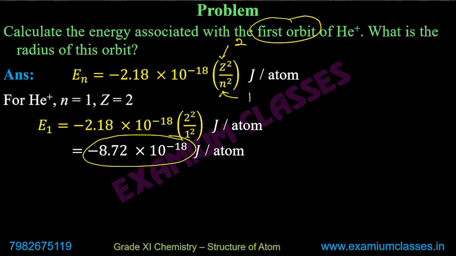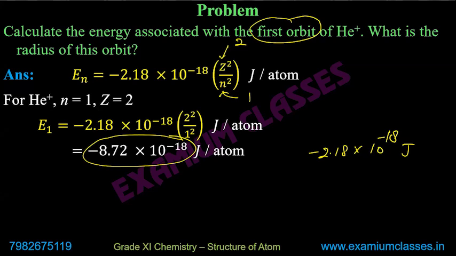What is the energy of the first orbit of hydrogen? Minus 2.18 into 10 raised to power minus 18. Yes, sir. So minus 8.72 into 10 power minus 18 is more than this, sorry, hydrogen is greater than. Sir, won't we use the formula n square a naught for this case? That is for radius.